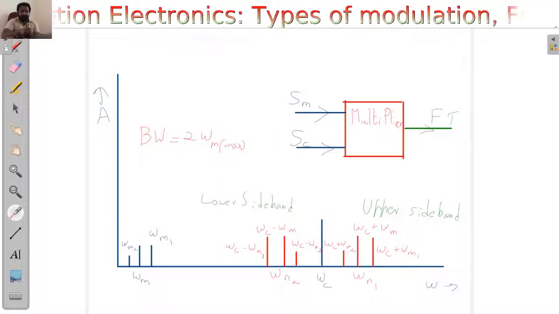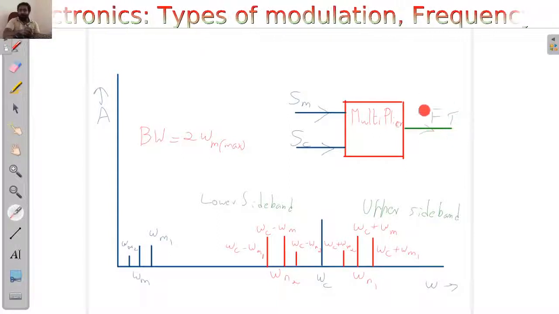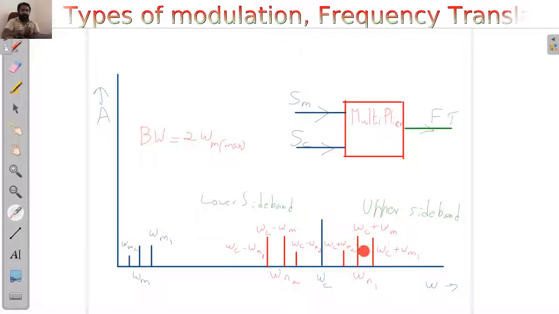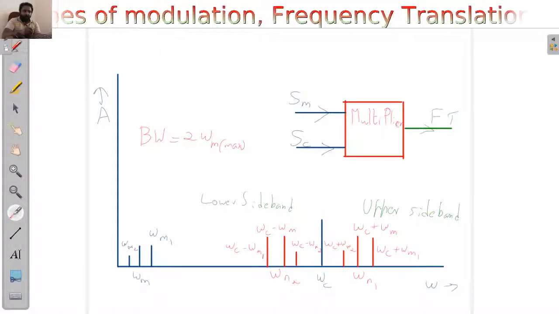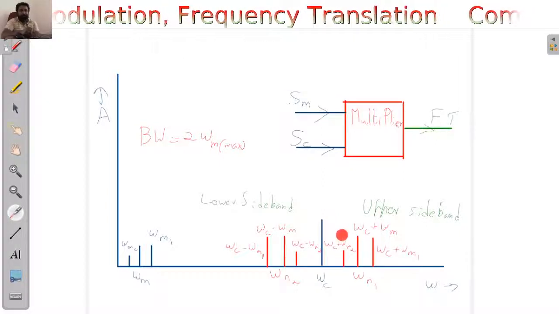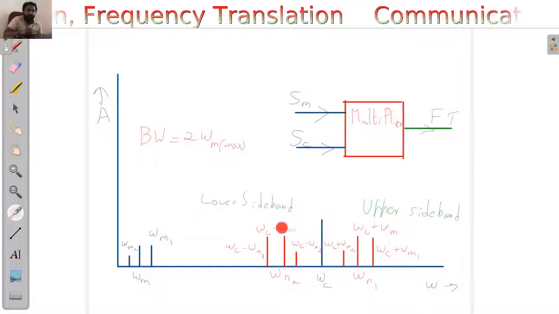The red lines represent the output of our multiplier, that is the frequency translated signal. So the input is blue and the output is red. The output of the multiplier represents our frequency translated signal. It consists of sum frequencies and difference frequencies.